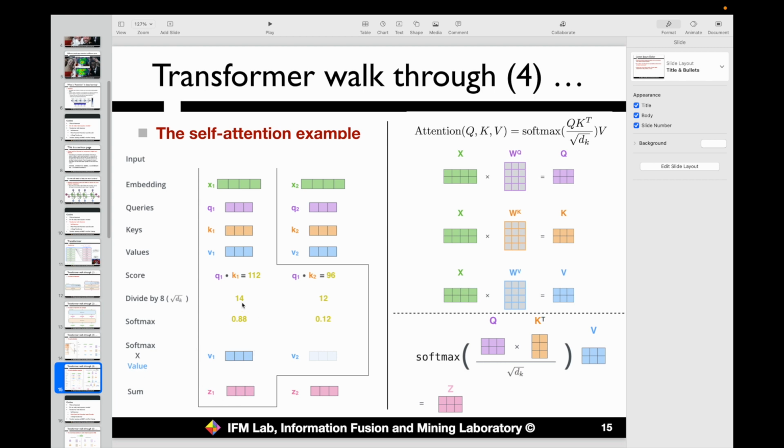Based on these two scores, we can further feed them as inputs to the softmax function and normalize the score weights. We have 14 and 12 as shown here, and by normalizing them with the softmax function, this one is mapped to 0.88, and this one is normalized to 0.12 instead.